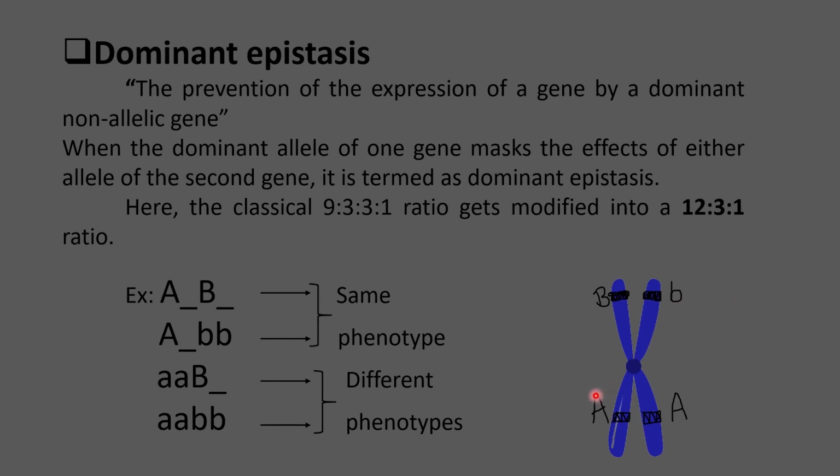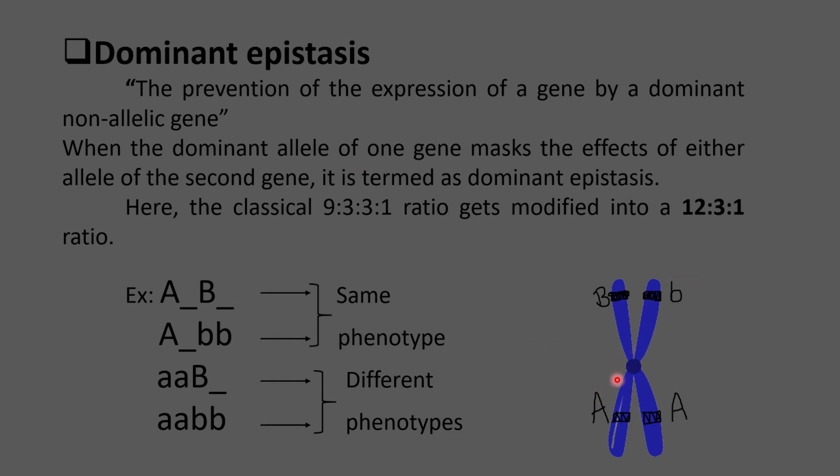In this situation, the A locus is said to be epistatic to the B locus. And since the dominant allele A is able to express itself in the presence of B or b, this is a case of dominant epistasis.